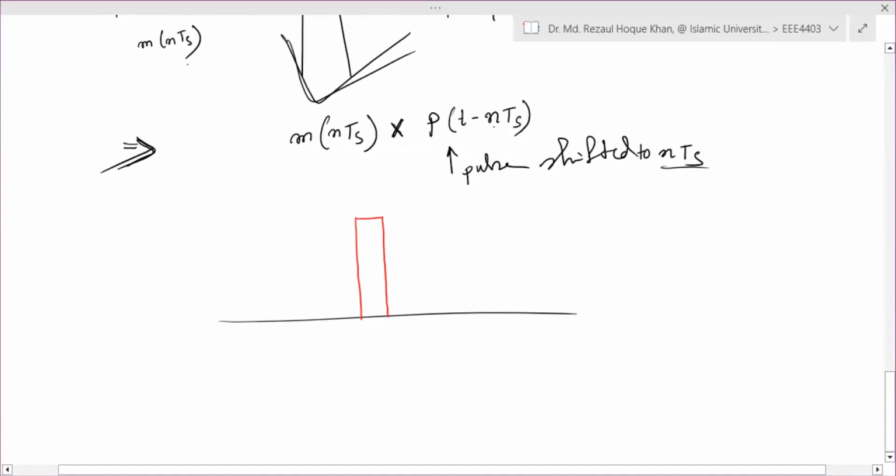This is a pulse which has a duration of T and a unit amplitude.